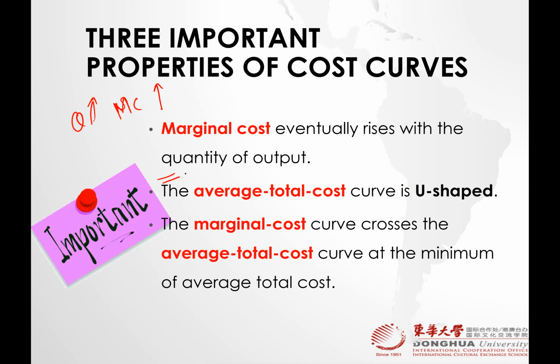We also confirm that the average total cost is a U-shaped curve, right? U-shaped curve. We're going like this. If you have more data, it will be like this, right? And the marginal cost curve crosses the average total cost at the minimum of the average total cost curve.